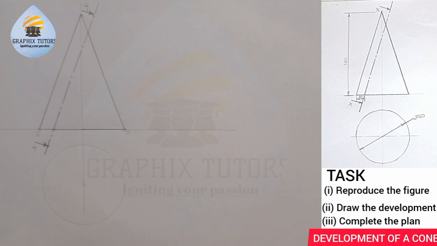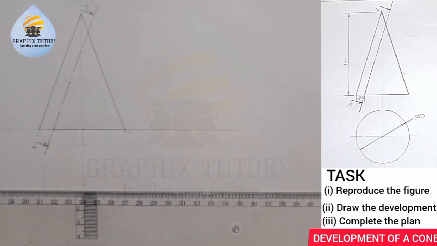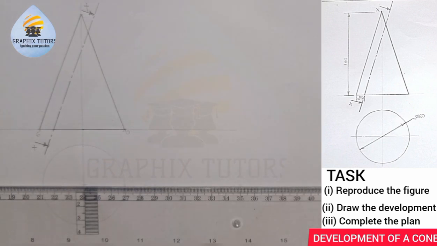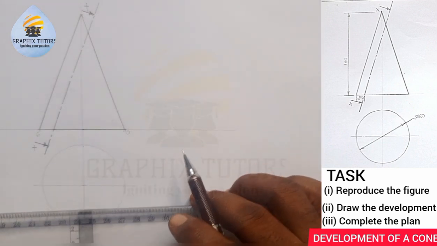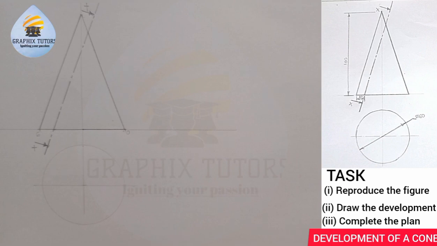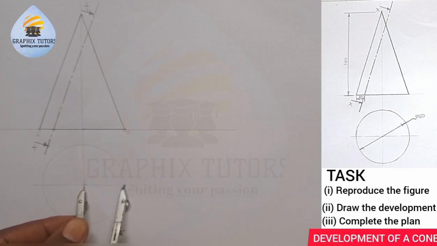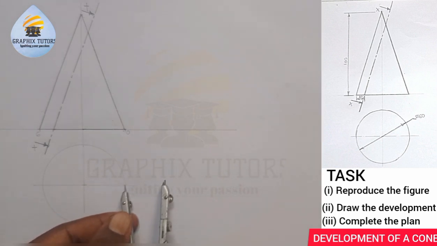I can easily complete it this way. Divide it into 12. What I'll simply do is take your compass and take the radius of the circle. Don't forget that it's 30 millimeter.